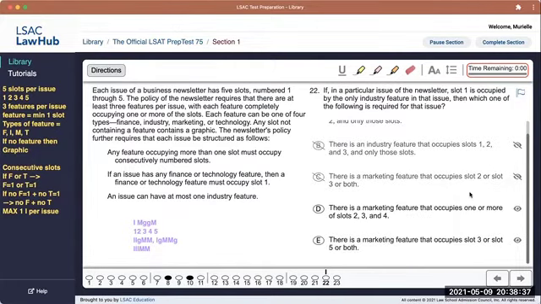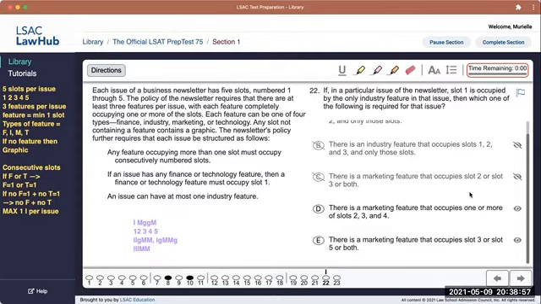D, a marketing feature that occupies 1 or more of slots 2, 3, 4. So yeah, I mean, we definitely are going to have a marketing feature there, right? We could have a marketing feature that occupies all 3 of those slots, and then we have a second one that occupies slot 5, and slot 1, of course, is occupied by the industry feature.